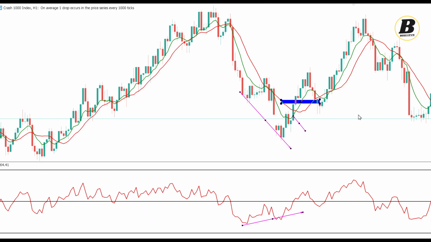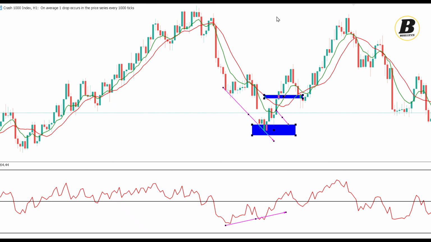So, if you are to enter a trade around this region here, your entry point below here, first your take profit, because here on your left you only have one movement.